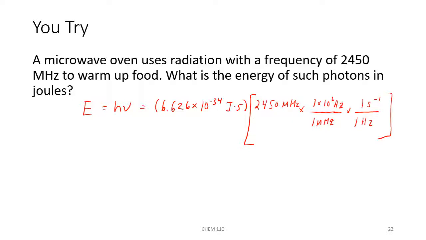When we check our units to make sure they cancel, our megahertz will cancel, our hertz will cancel, our units of seconds will cancel because one's on the top and one's on the bottom, and we'll be left in units of energy, or joules. Our energy will be equal to 1.62 times 10 to the negative 24th joules.